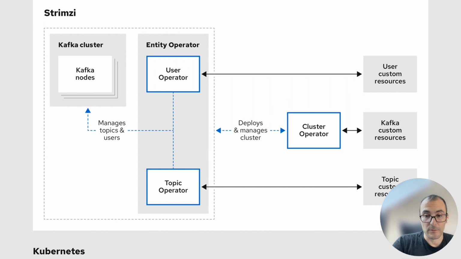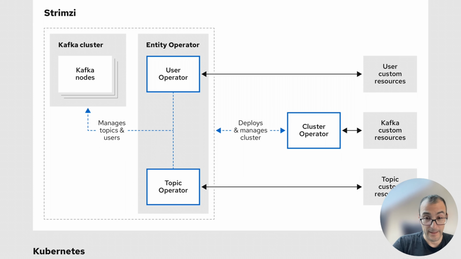What operators are included in Strimzi? On the right side, you see the cluster operator. This is very important for deploying and managing your Apache Kafka clusters, and also deploying the additional tools like Kafka Connect, Mirror Maker, Bridge, and so on.